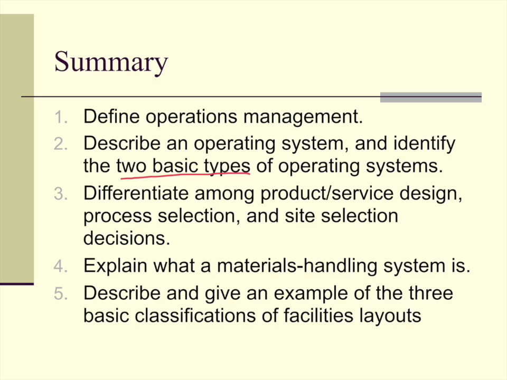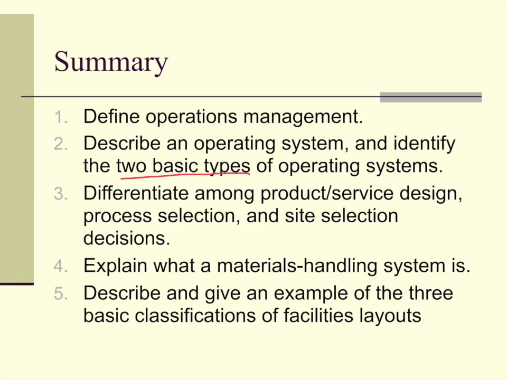The difference about product, service design, process selection, and site selection is talking about the factors: the reason why we have to move our plant to a new site, how we select the site, how we make the decision to select the site. There are many factors. And then explain what a material handling system is, and describe and give an example of the three basic classifications of facilities layout.